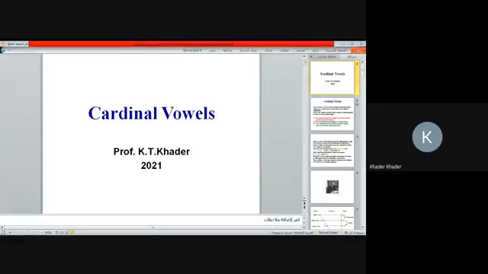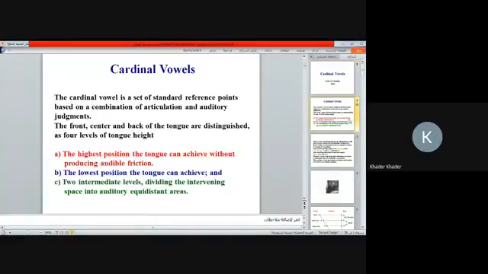They are standard vowels, in the sense that we are going to measure the modern European languages inside this particular diagram or system. Cardinal vowels, again, are a set of standard reference points, as I mentioned last Saturday in class, based on a combination of articulation and auditory judgments.